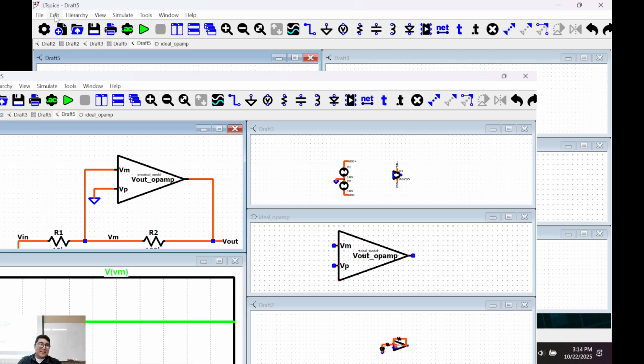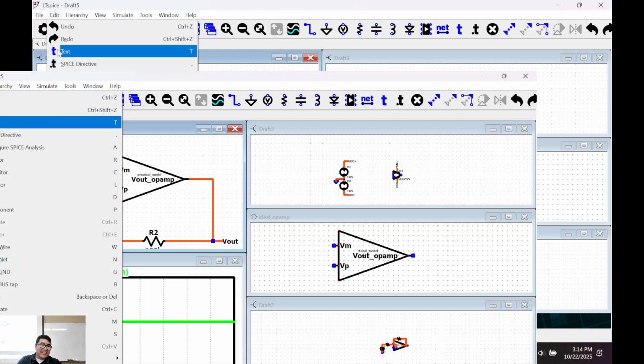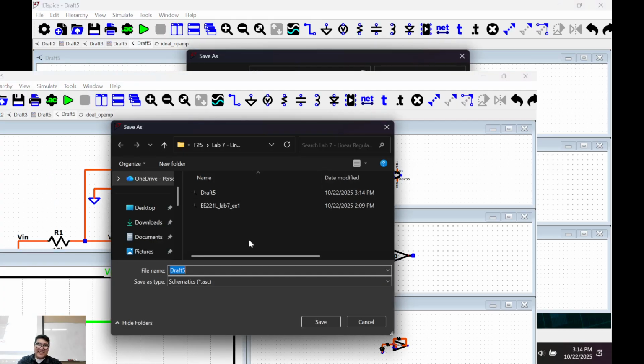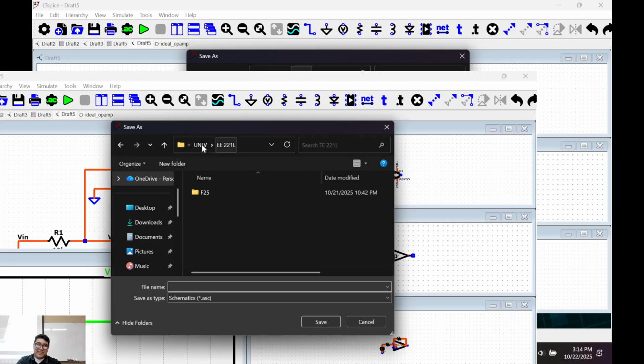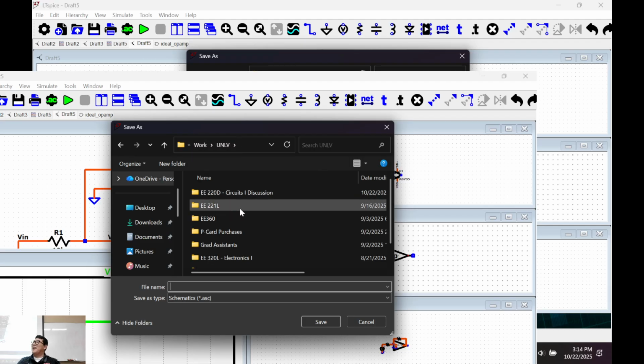Wait, don't Control S. Oof. Save as. I'm going to call this one, oh, wrong homework. You guys are seeing this when you're taking my lab next semester: EE221, circuits level 2.